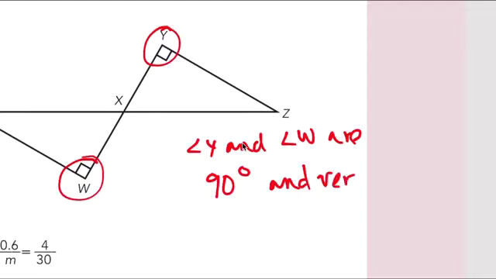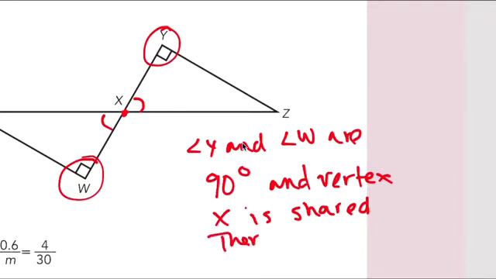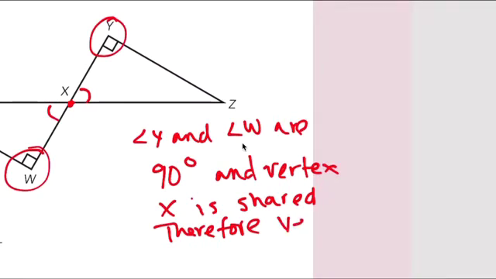It's called a vertex right here. So this is called vertical angles are congruent.